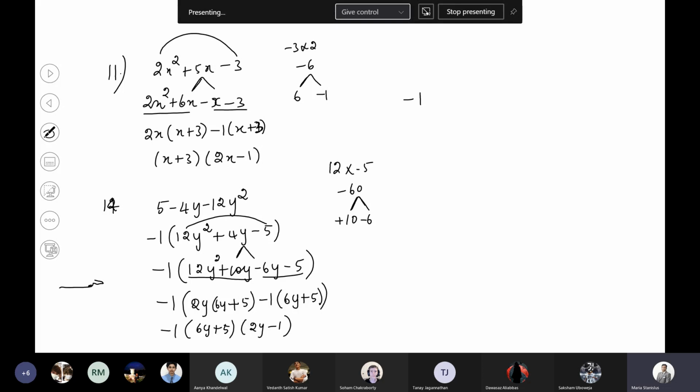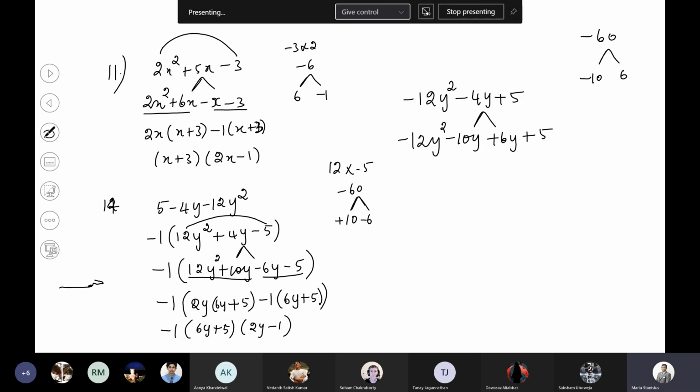Can you listen here? So minus 12y square minus 4y plus 5. It will still be 60, but it will be minus 10 plus 6. So I can split this middle term as minus 10y plus 6y plus 5 and then minus 12y square.